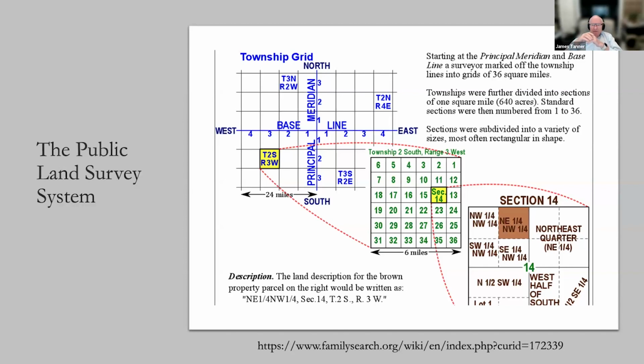And then you would have the townships, and each of the townships would have a section number, and those section numbers would then be further divided up if the land was sold further, by the same type of language.